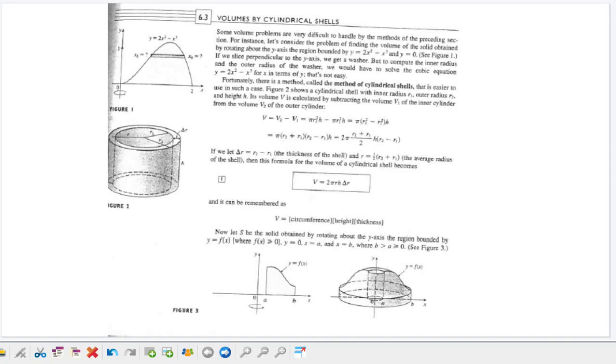So cylindrical shell makes a cylinder. If you look right here at figure 2, you get a cylinder when you make the area. So your slices are now like infinite soup cans. If you can imagine a soup can without the top and without the bottom, that's what your slices look like. So you have these infinitely many different size soup cans that fit inside each other and make up your solid.